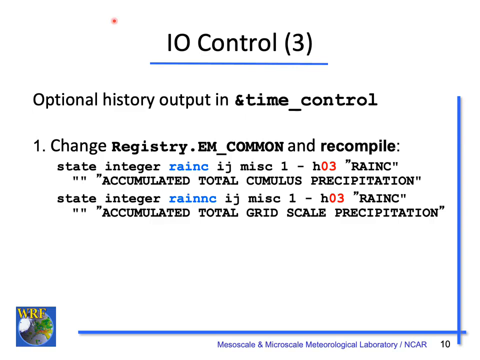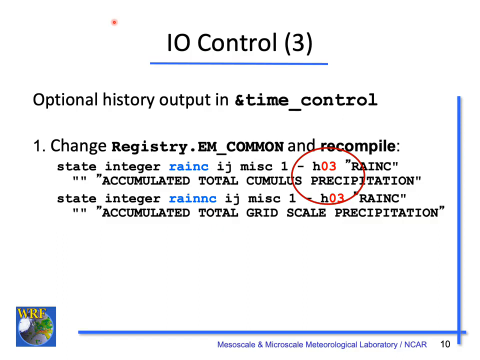Normally, the field goes to the history file in stream 0 by default, and we are changing it to also go to stream number 3. This is done by adding 03 to the 2 lines in the registry file.